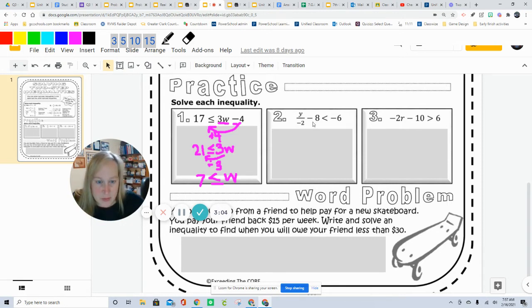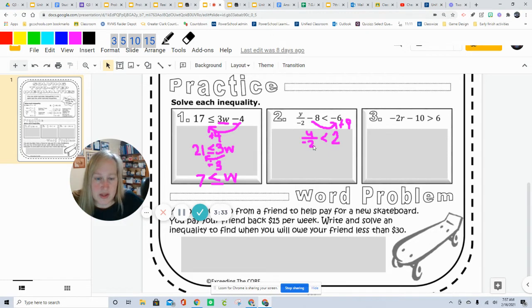This one over here, I'm going to move the negative 8 by adding 8 to both sides. So this side is left with y divided by negative 2 is less than negative 6 plus 8. So I'm subtracting, their signs are different. It's 2, and the 8 is further from 0, so it's a positive 2. Make sure you think all those steps through.